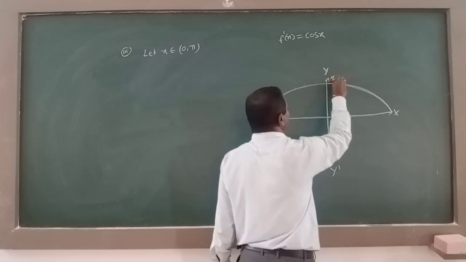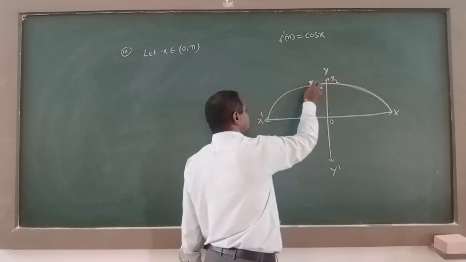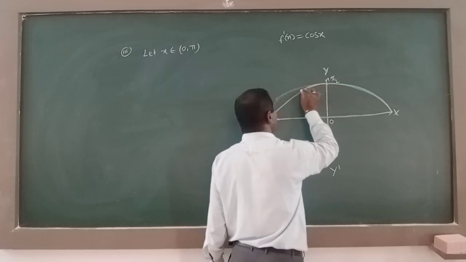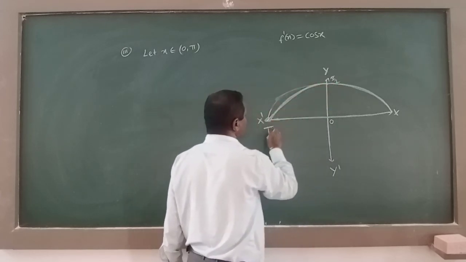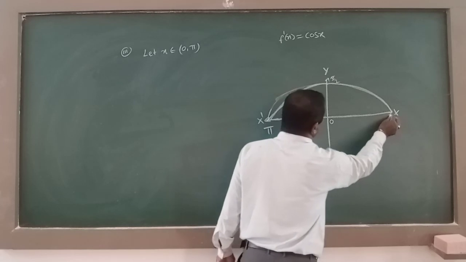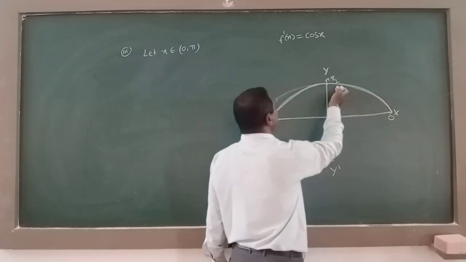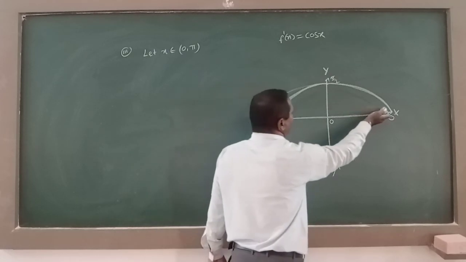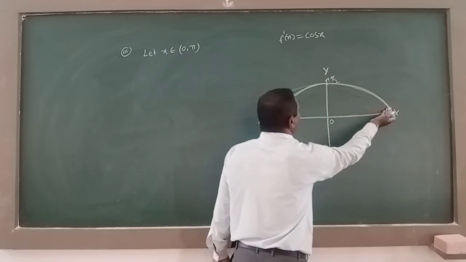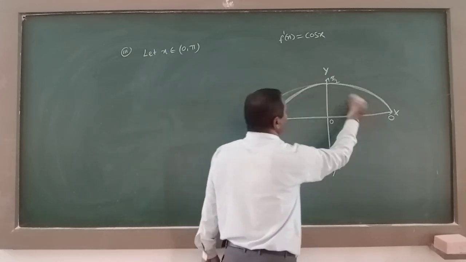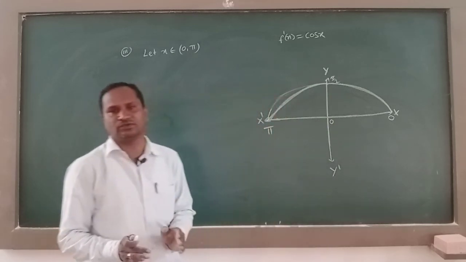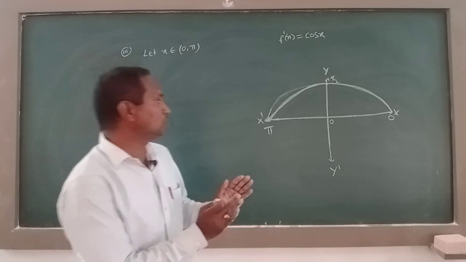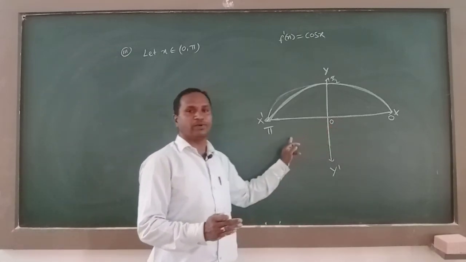Here it is decreasing, coming down to pi. Half is increasing and half is decreasing. That's why, for the total interval, we can't tell that it is either increasing or decreasing. We have to give the answer for the whole interval 0 to pi.